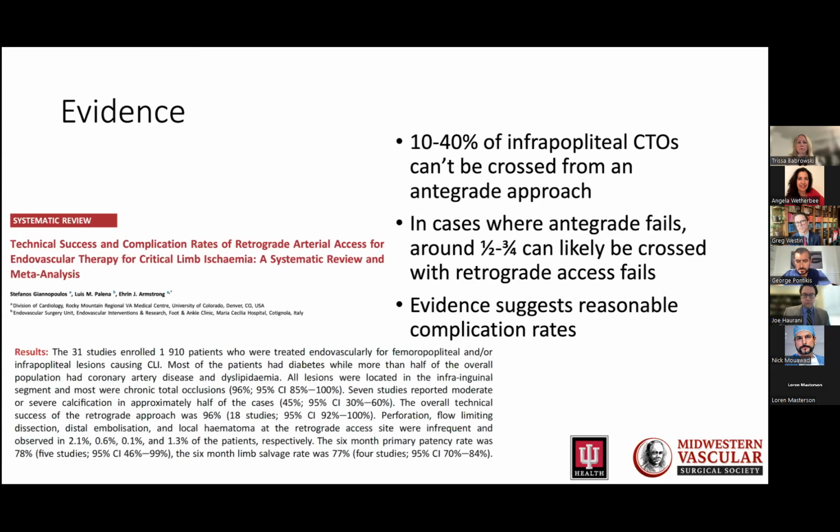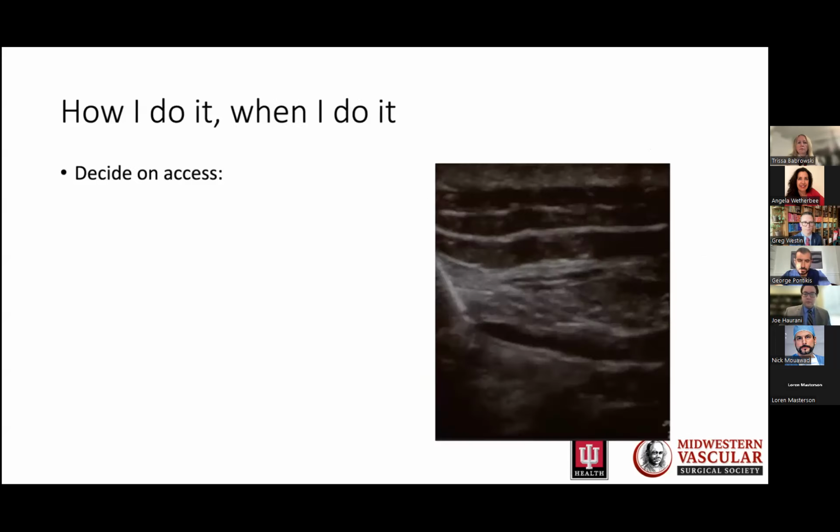So even if that is a vast underestimate by skilled and enthusiastic tibial access operators, I think it demonstrates that in the right hands, this can be done relatively safely.